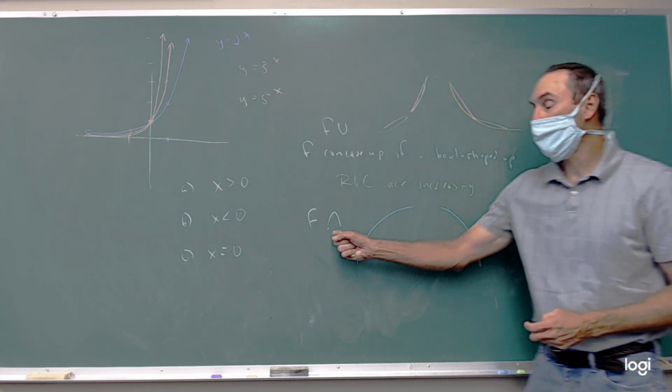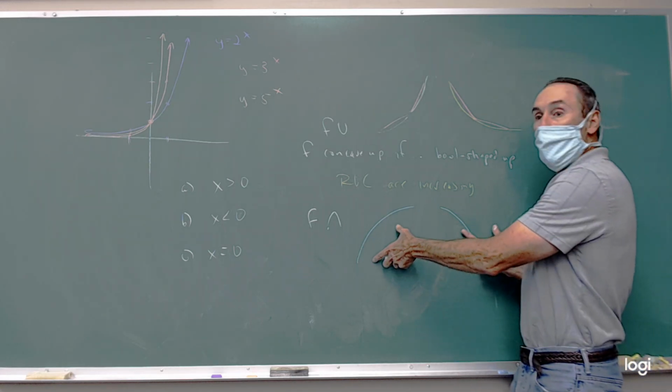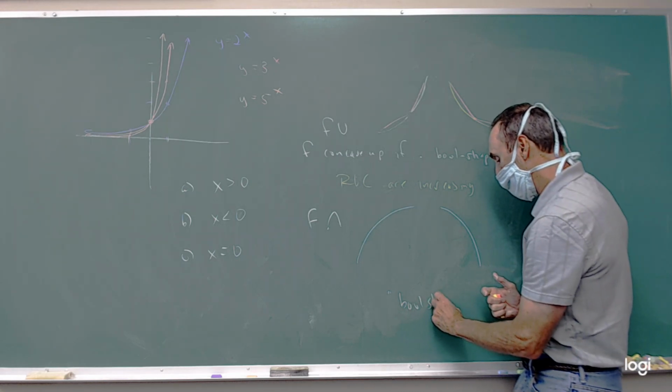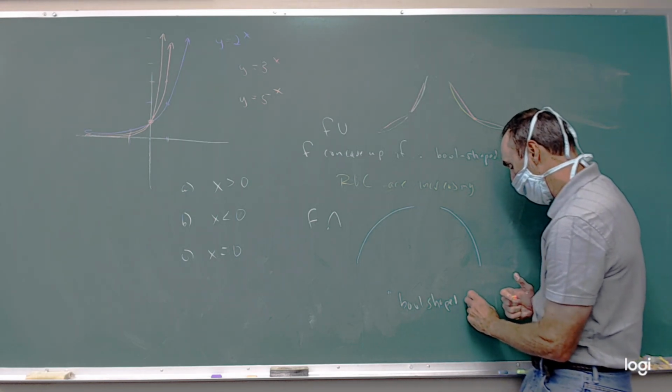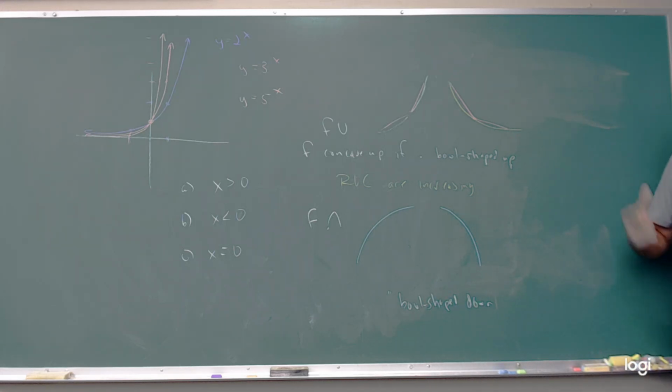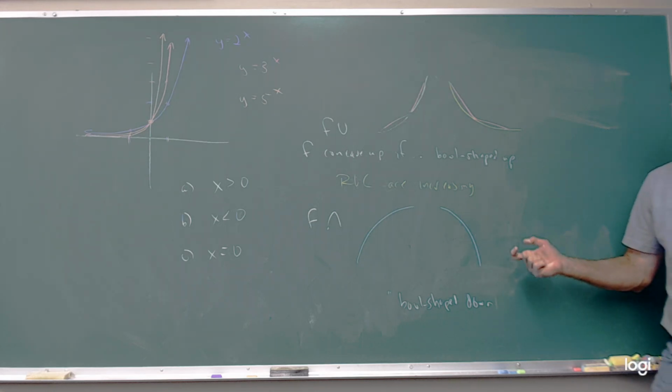So we would say a function is concave down if it is bowl-shaped down. Bowl-shaped down. That's what we mean by concave down. So there's a visual, a description of what the graph looks like. Now, we can also talk about the rates of change.